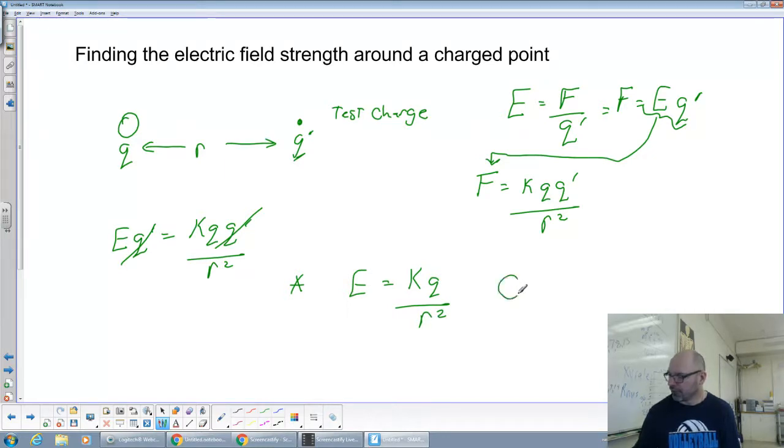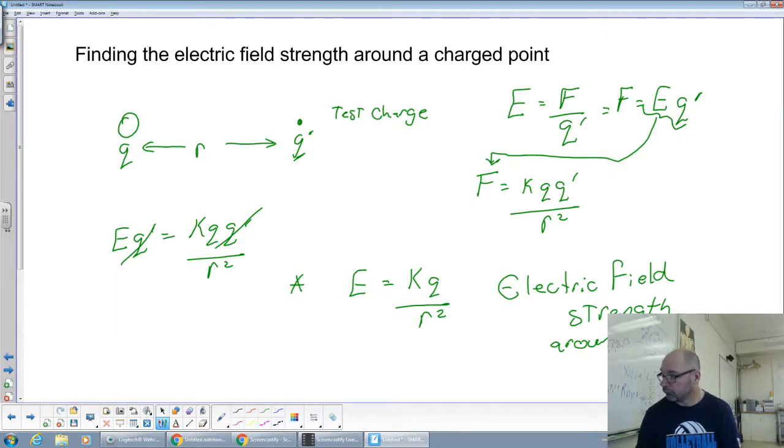This is the electric field strength around a charged point. You don't even need to worry about the size of the test charge, because that cancels out on both sides.